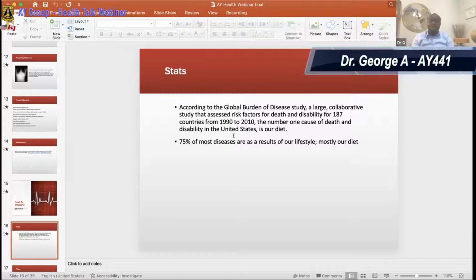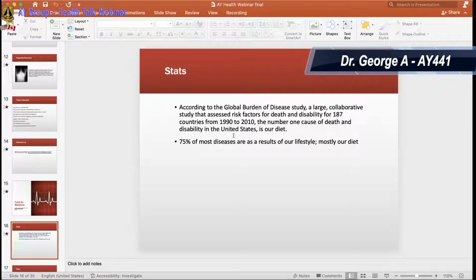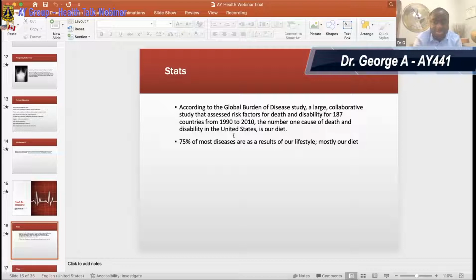So they came up with a study, and they studied 187 countries from 1990 to 2010, and they found out that the number one cause of death in America and even around the world is diet. That's the food we put in our mouth.